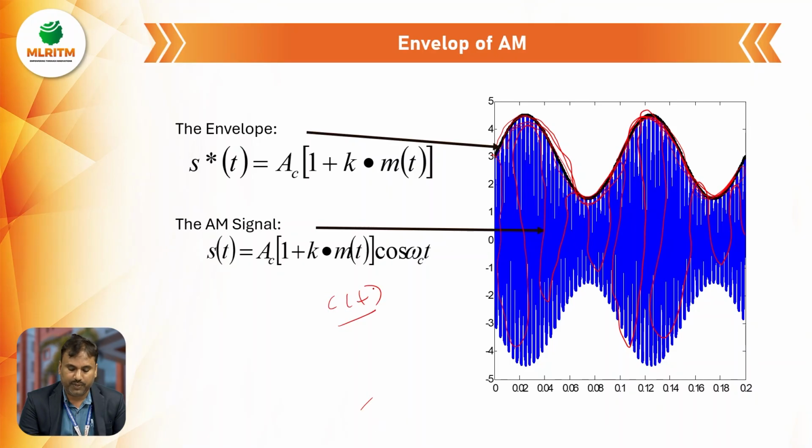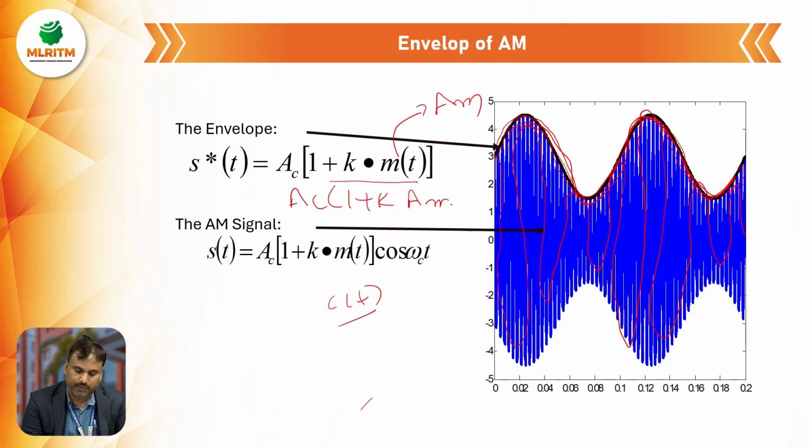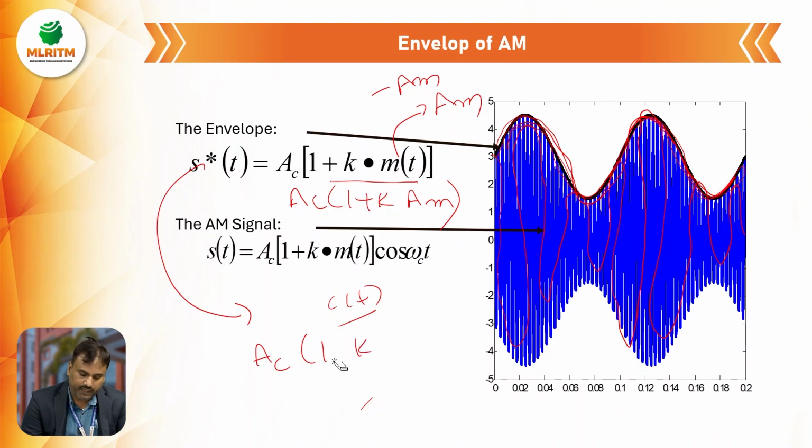Here the amplitude is nothing but A_C into 1 plus k into m of t, where m of t is the modulating signal. Suppose the maximum amplitude of m of t is A_m, then the maximum amplitude is A_C into 1 plus k into A_m. If m of t has minus A_m as the minimum amplitude, then we get A_C into 1 minus k into A_m.